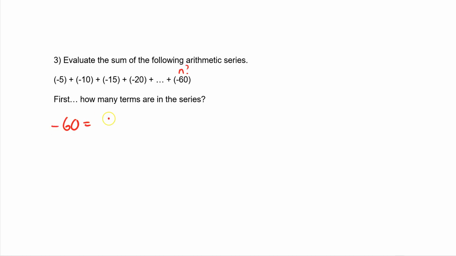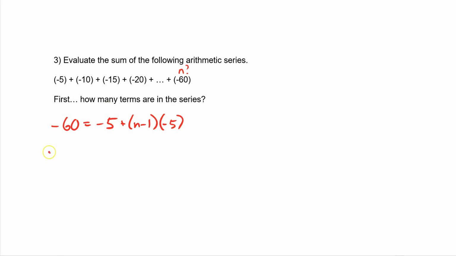So negative 60 equals, now our a value is negative 5, plus n minus 1, now we don't know what n is, times d. Now you can see from negative 5 to negative 10 to negative 15, the common difference is negative 5. So now we can solve for n.